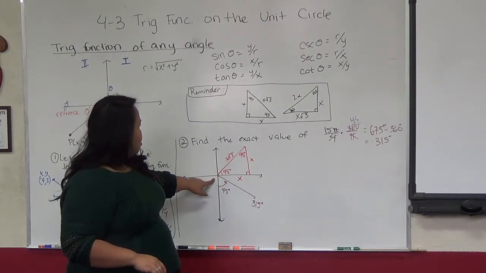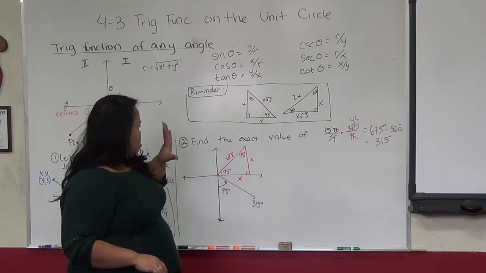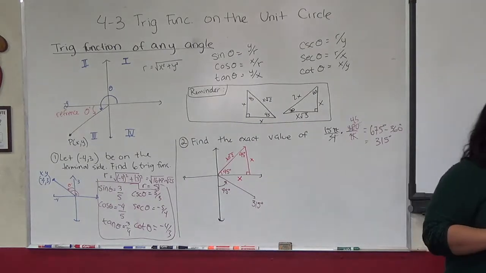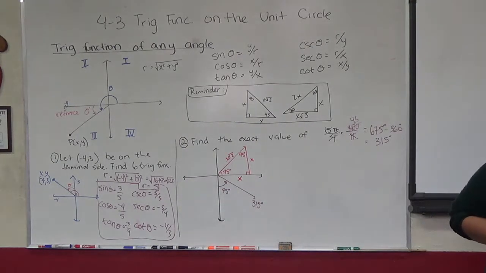Hold on, it's 15 pi over 4. So pi over 4 is my, let's see, it's all sorts of confused. Why am I?